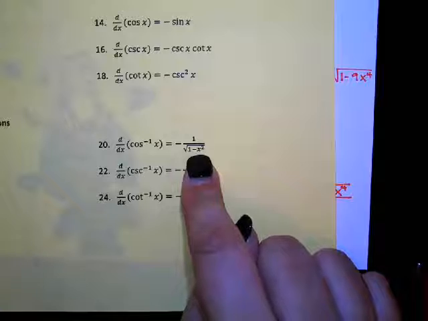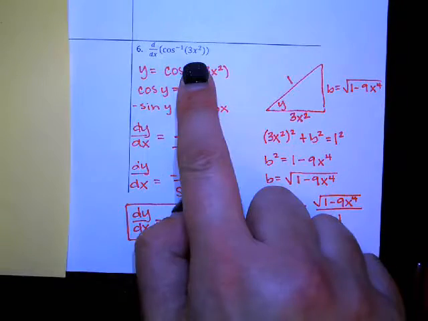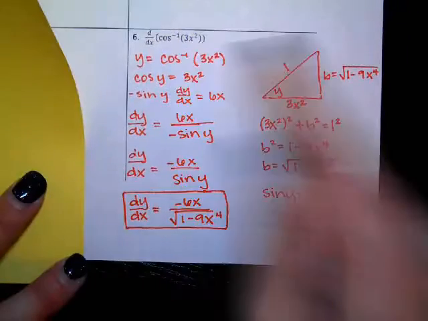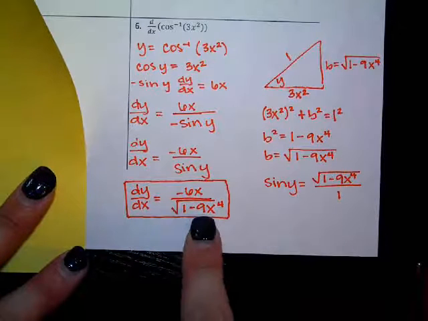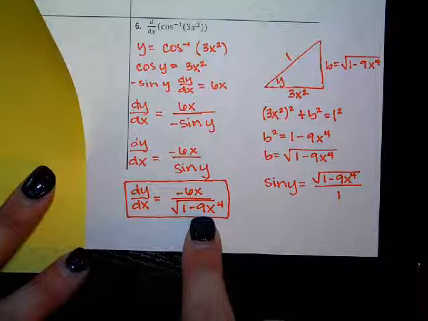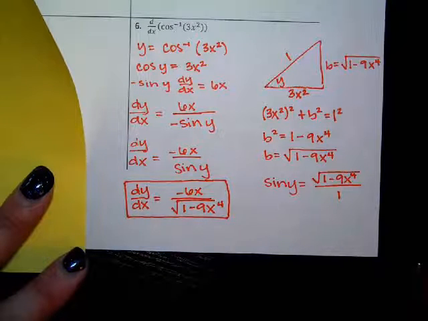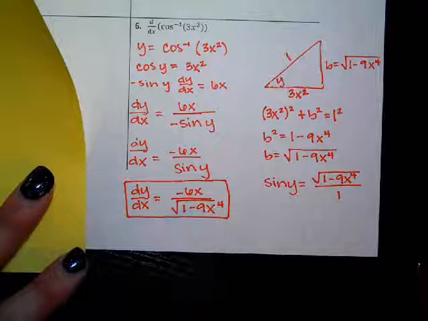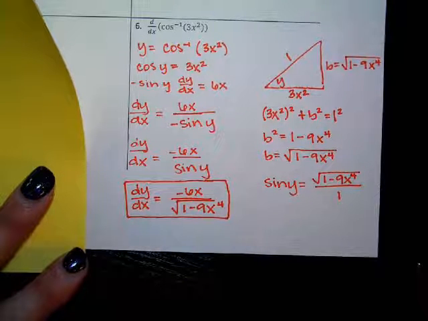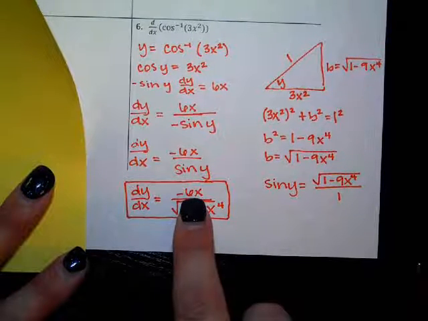So if your angle was 3x squared, you'd have the negative version, 1 minus the angle squared, which we did have because 3x squared squared is where the 9x to the 4th came from. And then when you multiply by the derivative of 3x squared, because you're doing your chain rule, that's where the 6x came from.